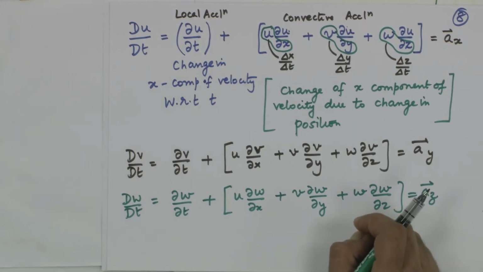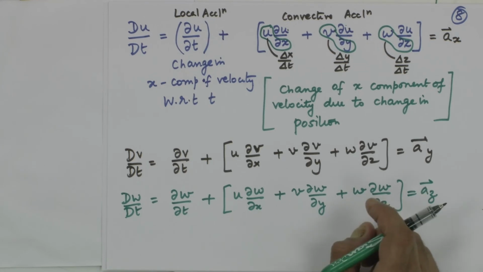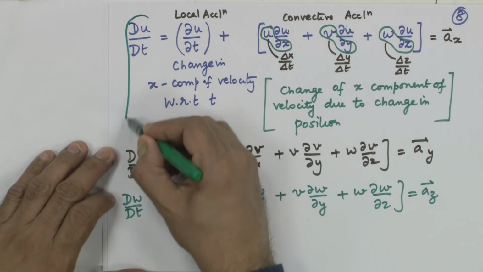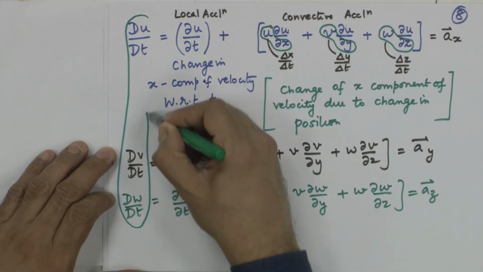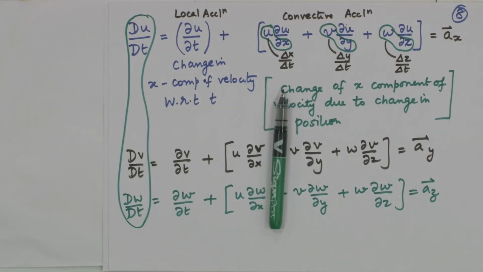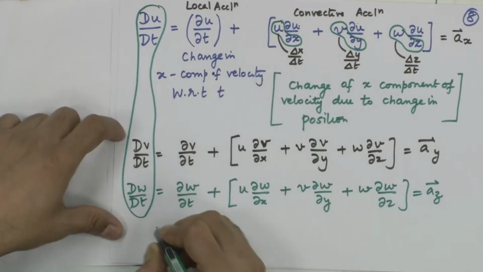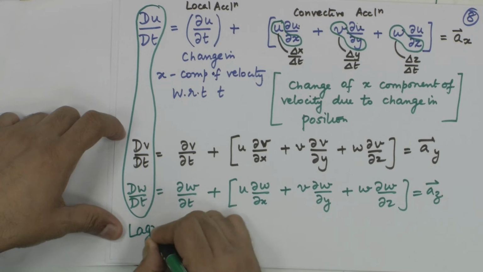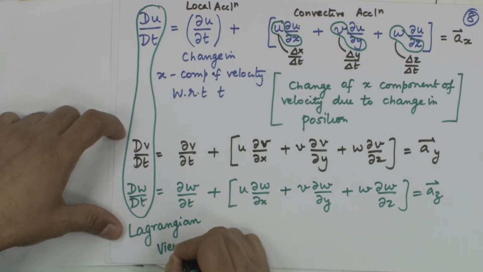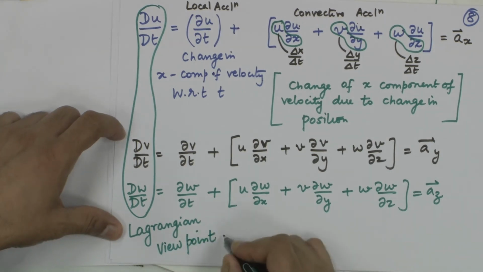Therefore, the acceleration of a fluid particle is there. The left-hand side is where you are trying to follow that particle. Remember, you followed that particle. So, this is your Lagrangian viewpoint, following a particle.